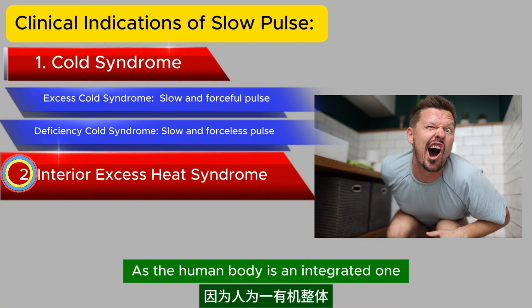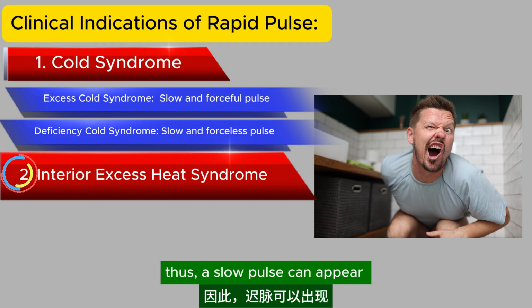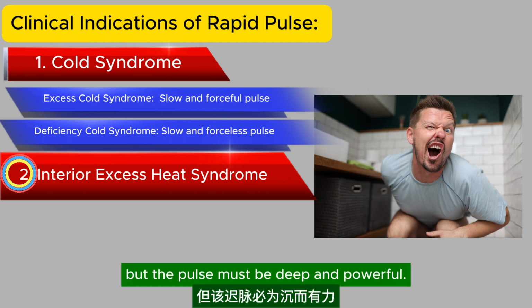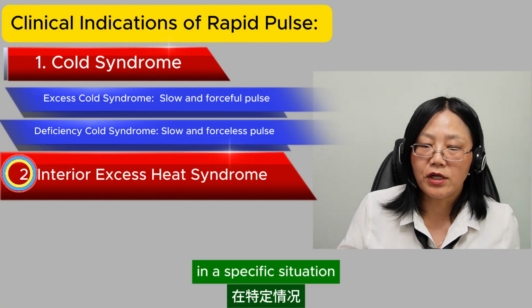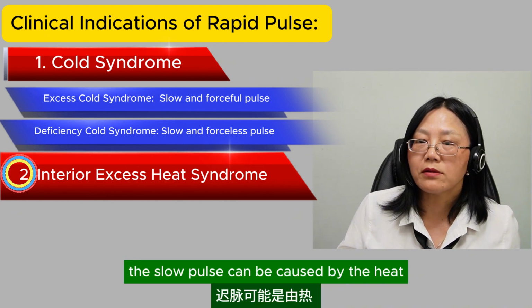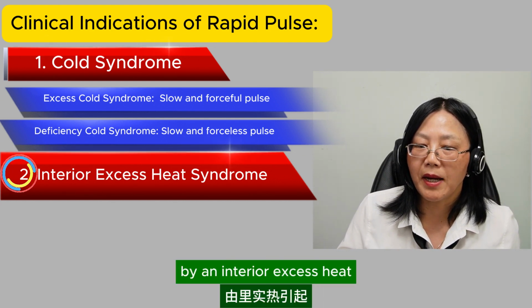As the human body is an integrated one, a slow pulse can appear, but the pulse must be deep and powerful. In a specific situation, the slow pulse can be caused by an interior excess heat.